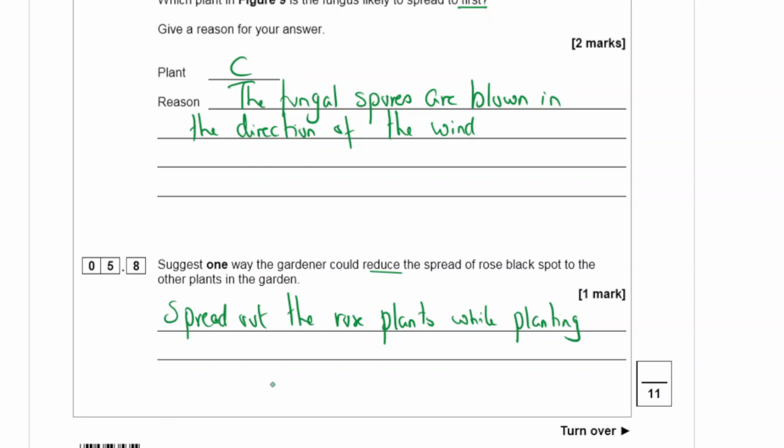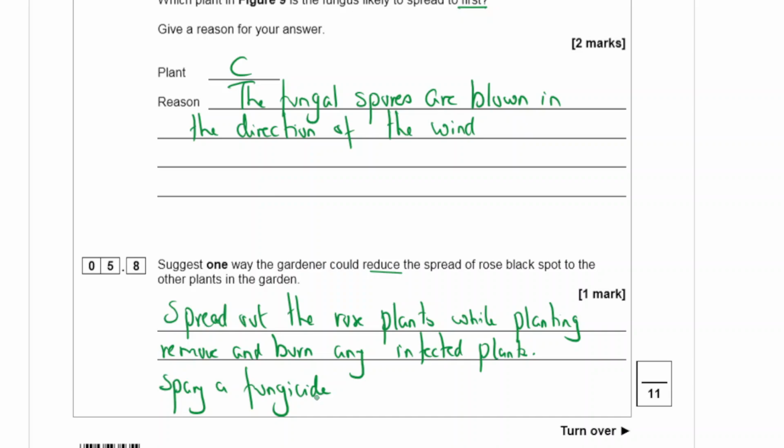Or you could say remove and burn any infected plants. Or you could spray a fungicide. That's basically a chemical that would kill fungus.